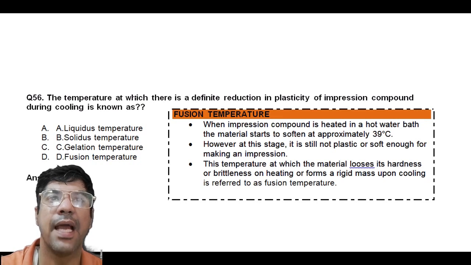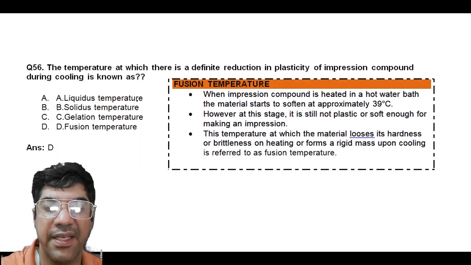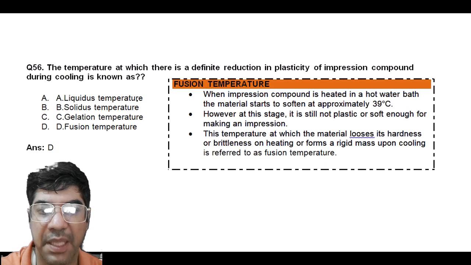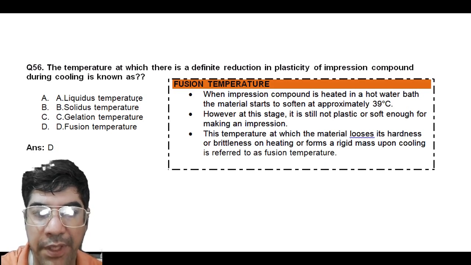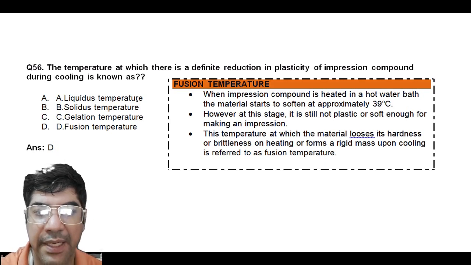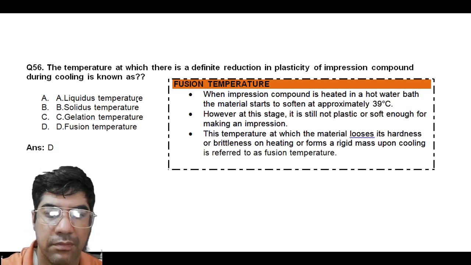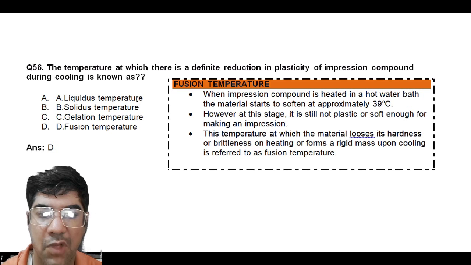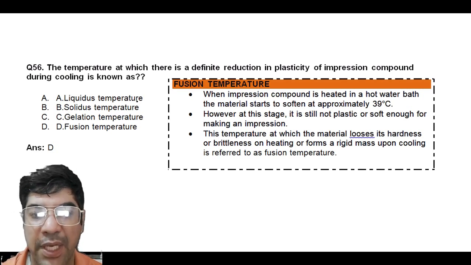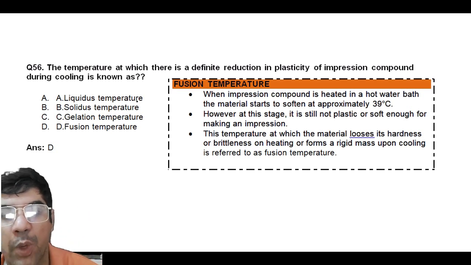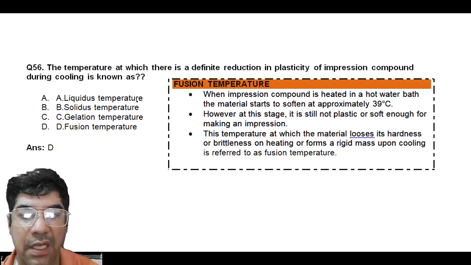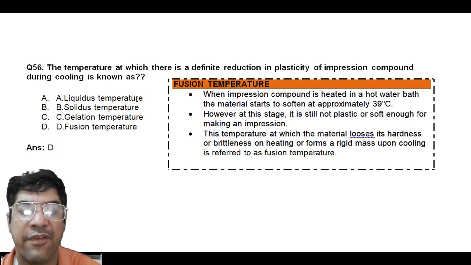The temperature at which there is a definite reduction in the plasticity of impression compound during cooling is known as fusion temperature. So impression compounds are manipulated by heating them in hot water to make them soft and for taking impressions.